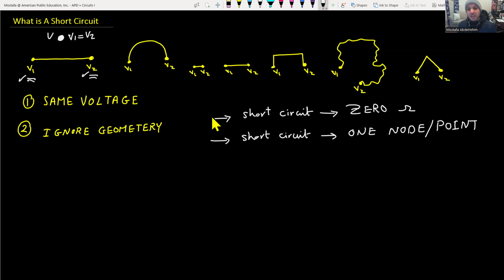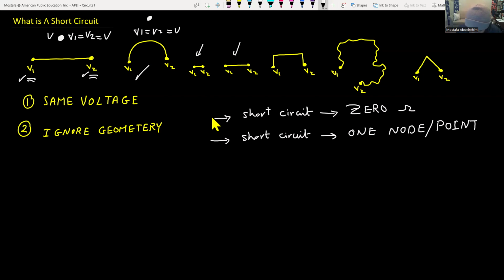Whatever shape this wire takes, as long as it's a short circuit, zero resistance, you can shape it in any form you want. You can make it oval like this. Still, V1 equal to V2. Let's call it V. It is one node.